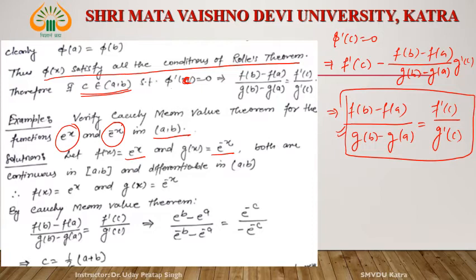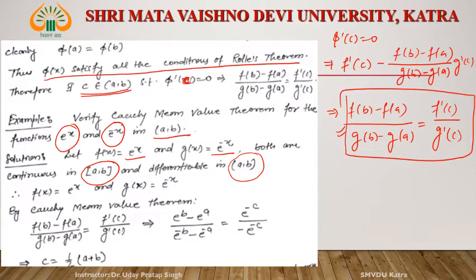Then e^x and e^(-x) are continuous in [a, b] and differentiable in the open interval (a, b). So f(x) equal to e^x and g(x) equal to e^(-x) satisfy the conditions of the Cauchy mean value theorem.